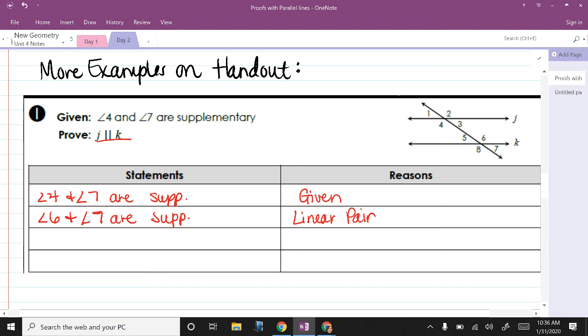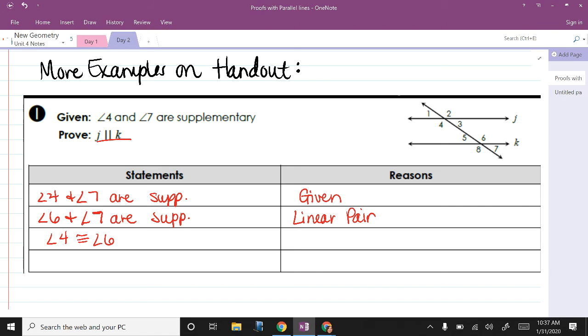All right, so angle 4 is supplementary with angle 7, and angle 6 is also supplementary with angle 7. What can I say about angle 4 and angle 6? They're congruent. So angle 4 is congruent with angle 6 because of what? Y'all remember? The lines are parallel.